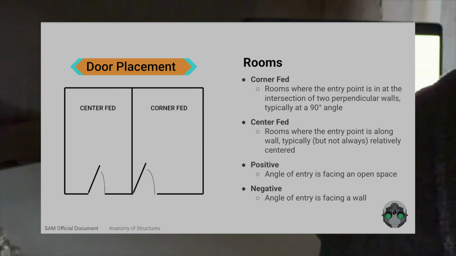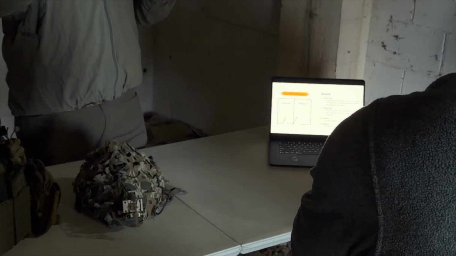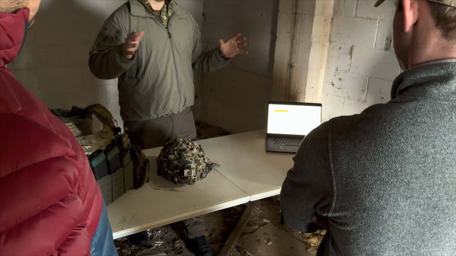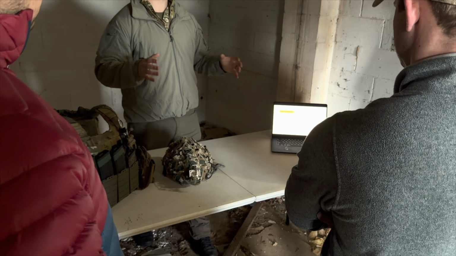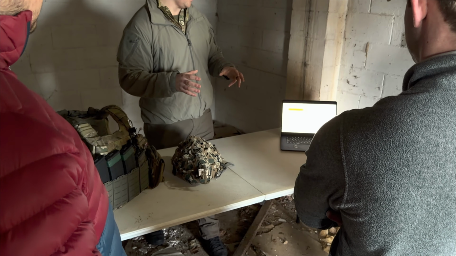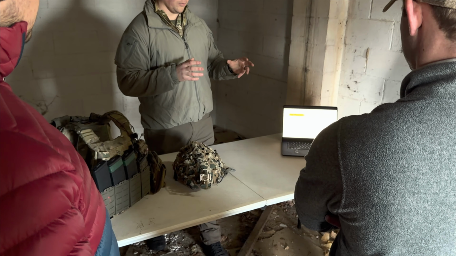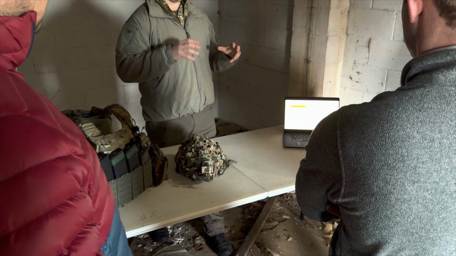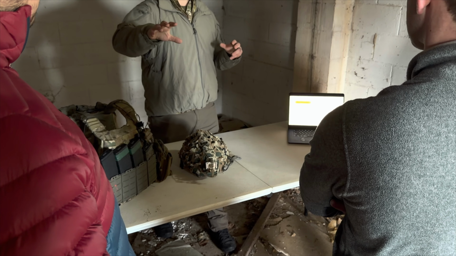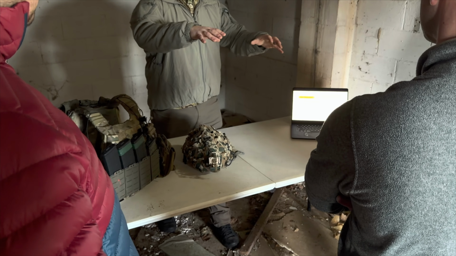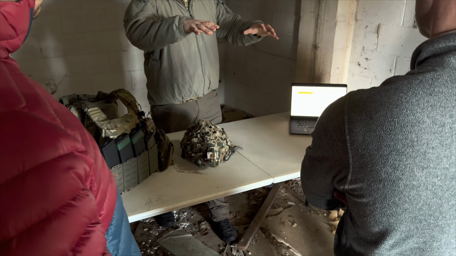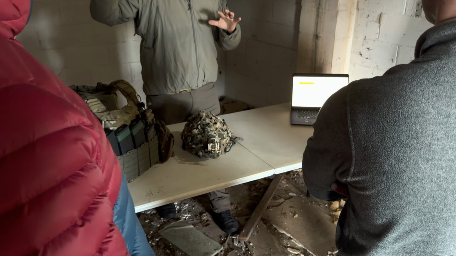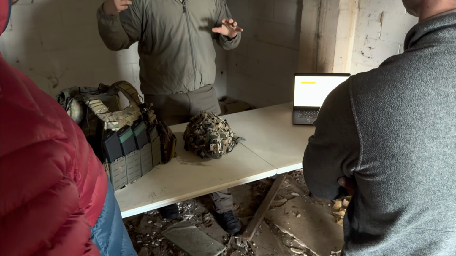Positive and negative rooms. This is just terminology that we're going to use, but feel free to come up with your own unit-dependent terminology, as long as everyone is on the same page about what these things mean. A positive room is where the angle of entry is facing an open space, so the whole room where the threats are, the threat area, is in front of you as you approach the door. A negative room is the opposite, where all that space for the threat is behind you as you approach the door.